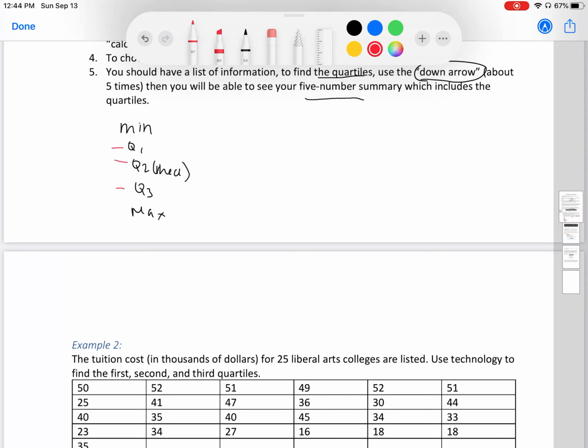Now, if you're using Excel, you're going to type in all your numbers in Excel, and start typing the command QUARTILE.INC. Usually when you start typing in Excel, it starts bringing up the command, so maybe once you're at the 3rd or 4th letter in, you'll see that command pop up.